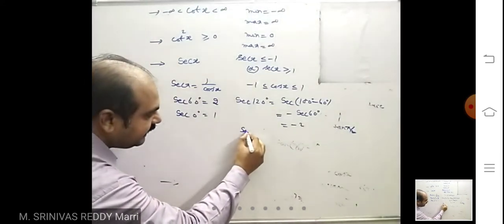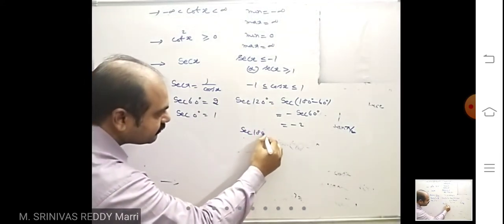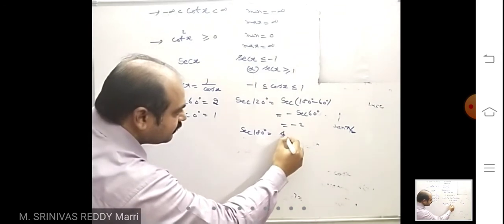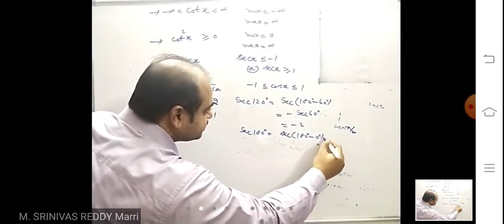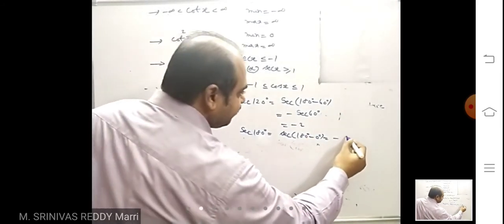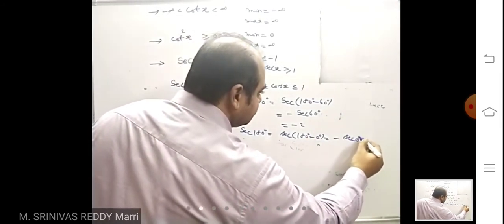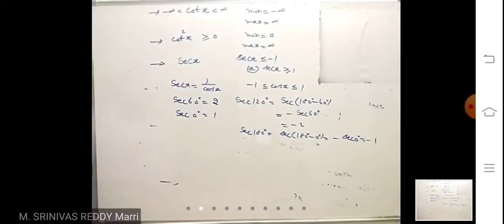Suppose secant 180 degree. This is what? Secant of 180 minus 0 degree. So minus secant 0. This is what? Minus 1.